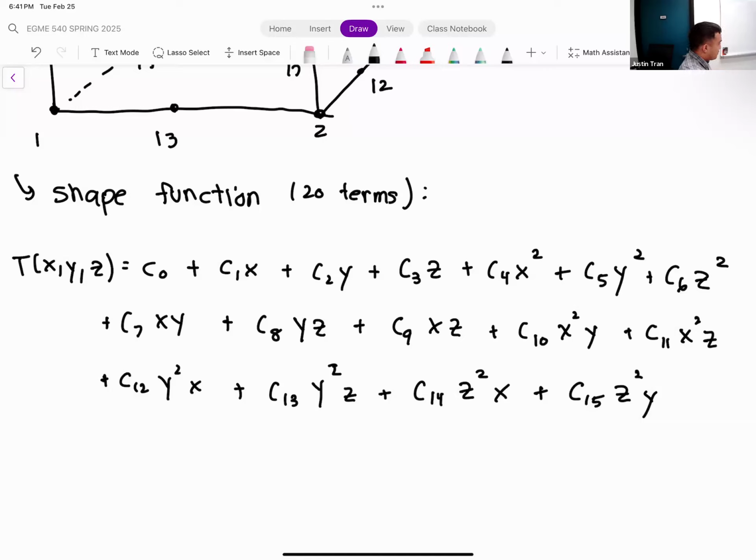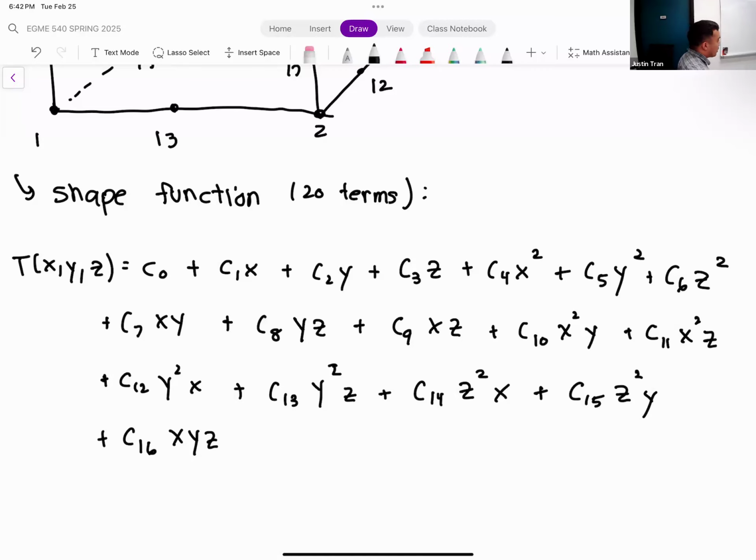Okay. So that's 16 terms, and that's all the doublet terms. Those are all the terms that have just two variables in them. But we're not there yet. We need to get up to 20 terms, because we have 20 nodes in our element. So now we're adding the triplets. The first triplet that we have is C16 xyz.